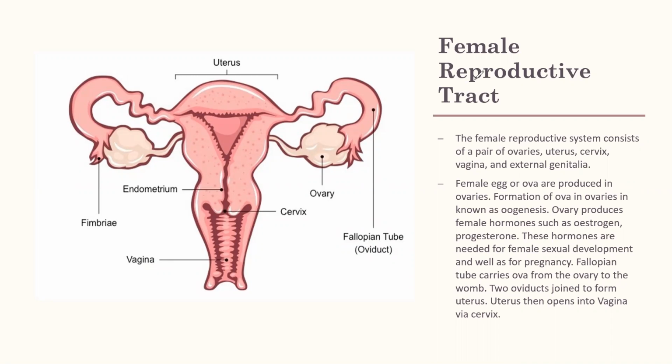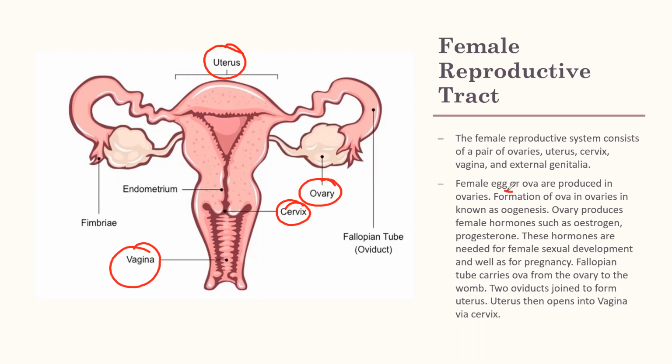The female reproductive system consists of a pair of ovaries, uterus, cervix, vagina, and external genitalia.